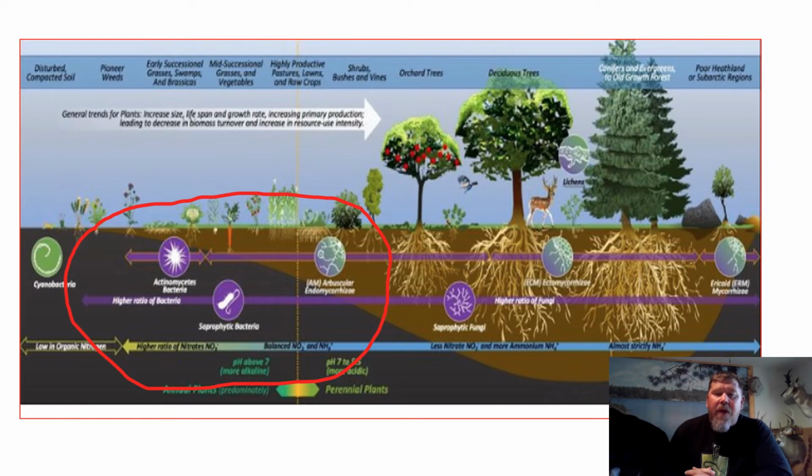And with that, we have now opened that area up to where the most successful plant that can grow in that soil are our pioneer weeds. So when we look at our weed problems, we have to have that understanding that part of the reason that those weed problems are there is because we have disrupted the succession of that soil.